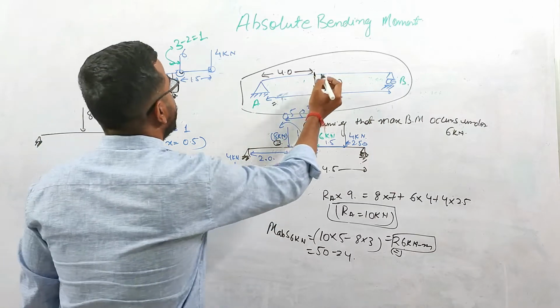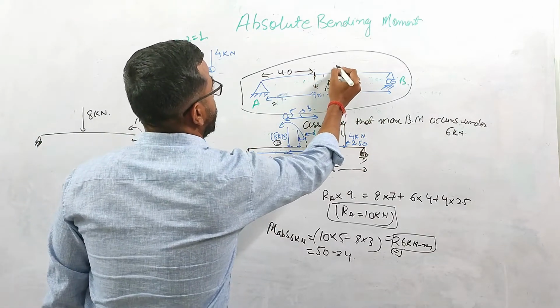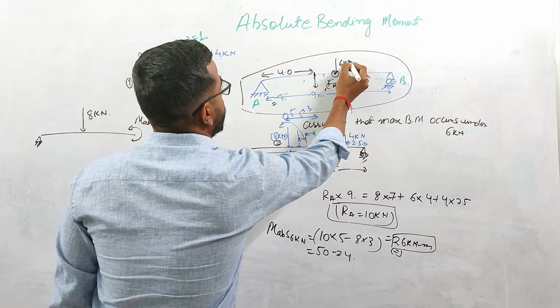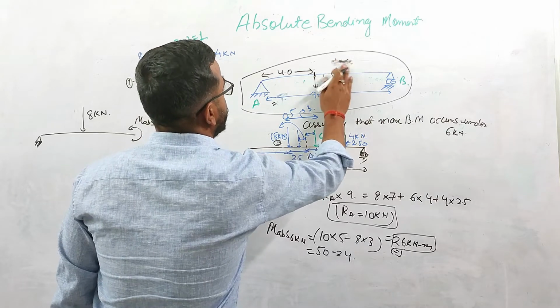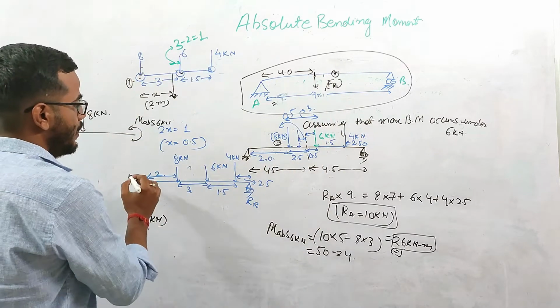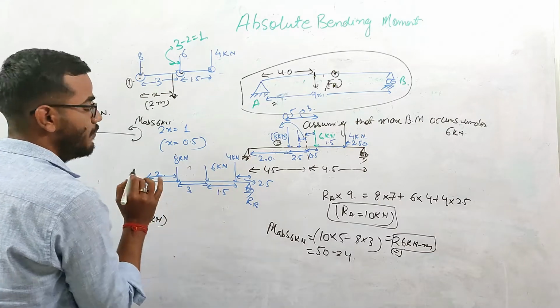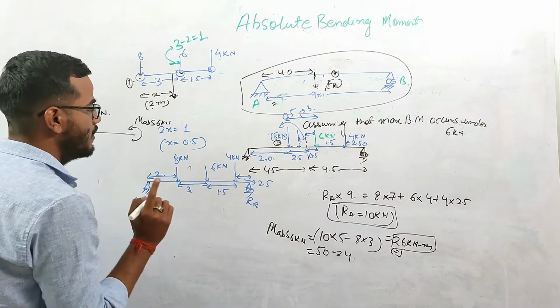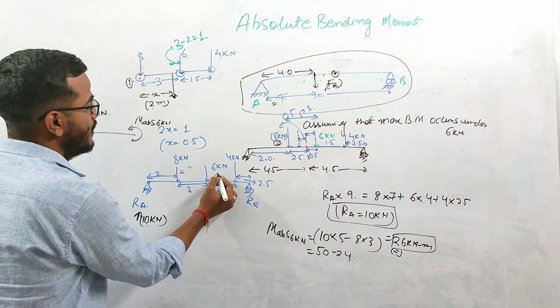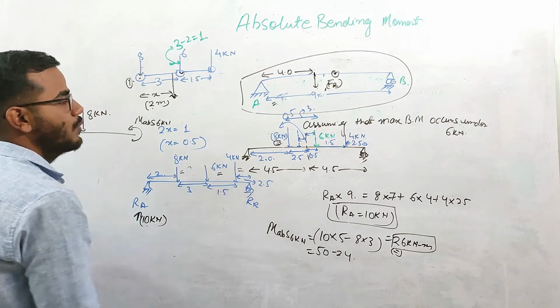If you want to calculate the moment under the 6 kilonewton load, you will need to find the complete positioning of each and every load: where the 8 kilonewton load is acting, where the 6 kilonewton load is acting, where the 4 kilonewton load is acting.